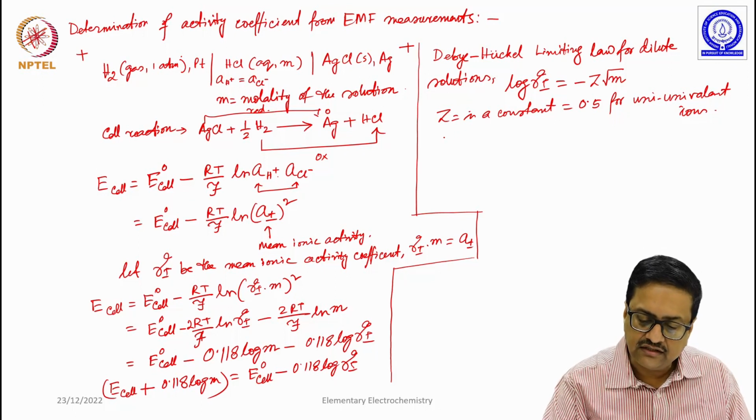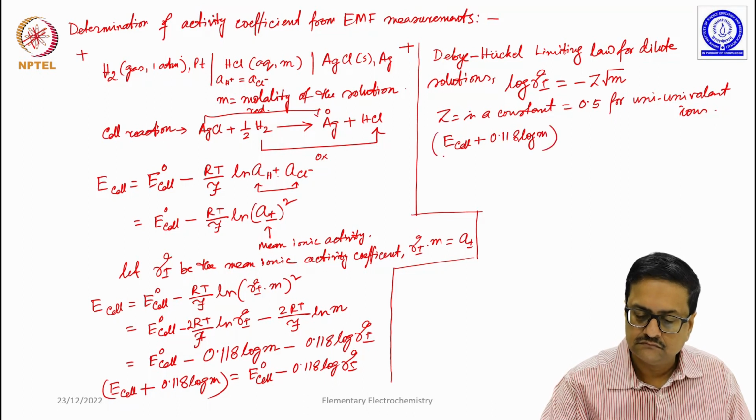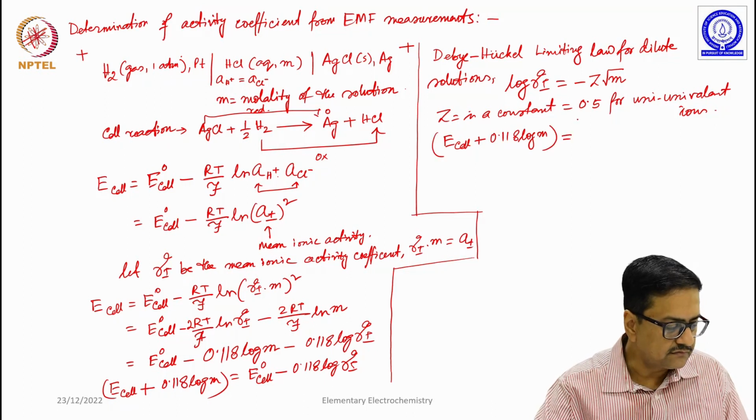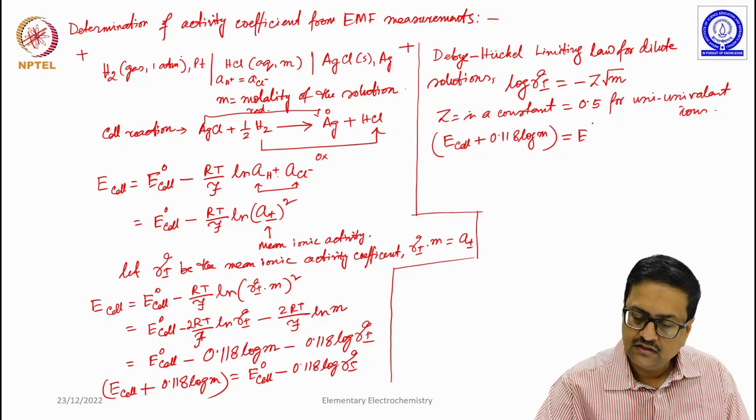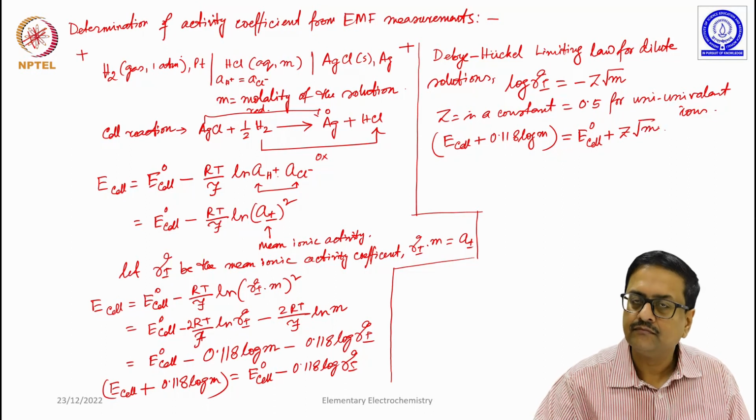So one can rewrite this equation as E cell plus 0.118 log m equal to E0 cell plus z into square root of m.